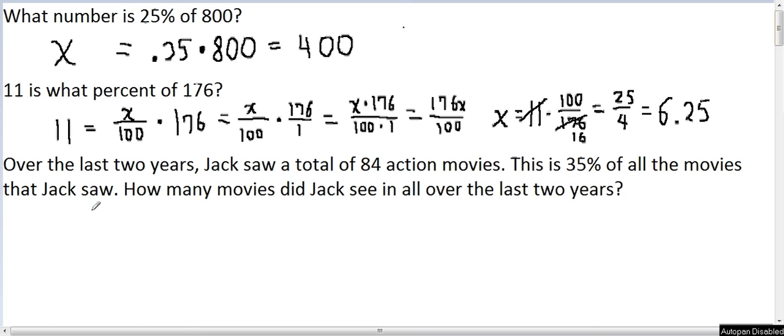So once again, we need to write an equation, but the information is spread out over a few sentences. So let's go ahead and try to put the information together into an equation. We're given that Jack saw 84 action movies. So let's go ahead and write that on one side of the equation.